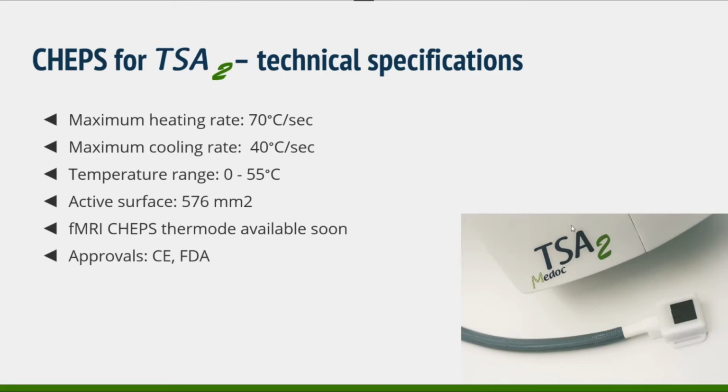Total active surface is 576 square millimeters. Again, for those of you who are aware of the previous generation, we kept the surface the same, actually 2 square millimeters larger, because we know that large and continuous heating and cooling of the surface area is very important for the robustness of the stimulus. And that is why it was very important for us to keep a large and continuous stimulation surface of the thermode.